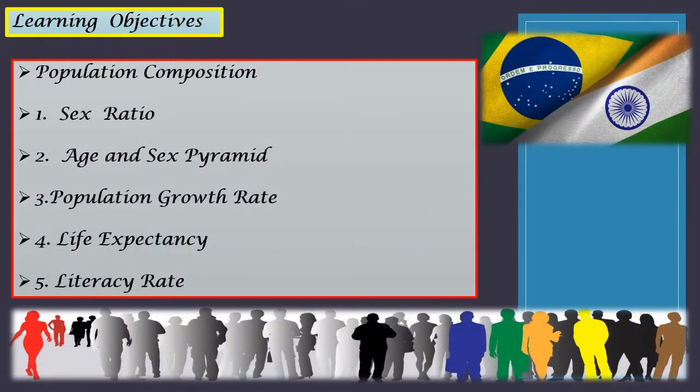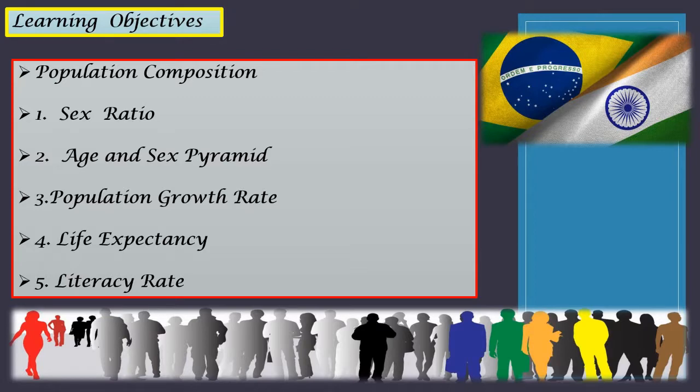So students, our learning objective for today will be population composition. Now, population statistics is the most important data that social scientists and policy experts have to work with. Understanding a country's situation, and of course making predictions about the total size of the population, and also studying the characteristics such as age and gender distribution.